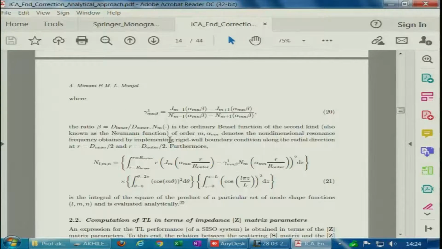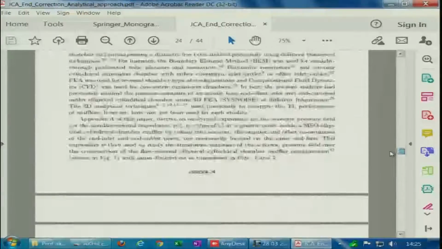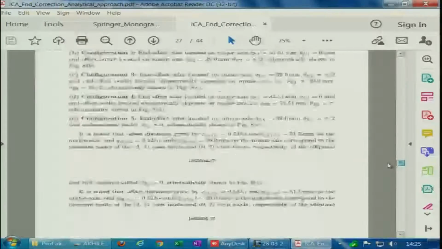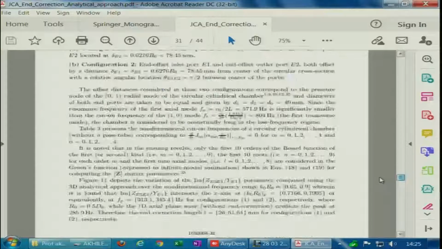These beta values are obtained from solving the eigen equation, subject to the rigid wall condition, and for different values of beta I have tabulated some of the higher order modes. Let me just go quickly to the table and show this to you.